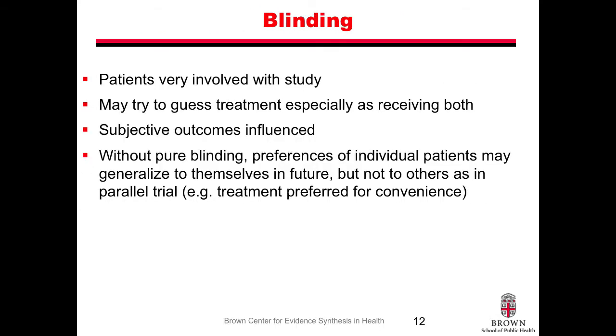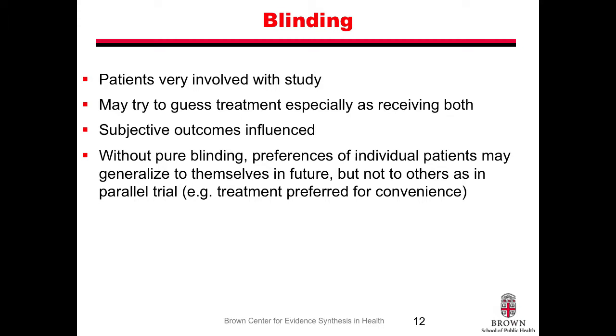And so with blinding, of course, this is something we try to do. As I said, you can't always do it. What's sort of interesting here is that because this is a trial where you're interested in the individual's effect and their decision, some of the reasons for doing blinding may not apply.